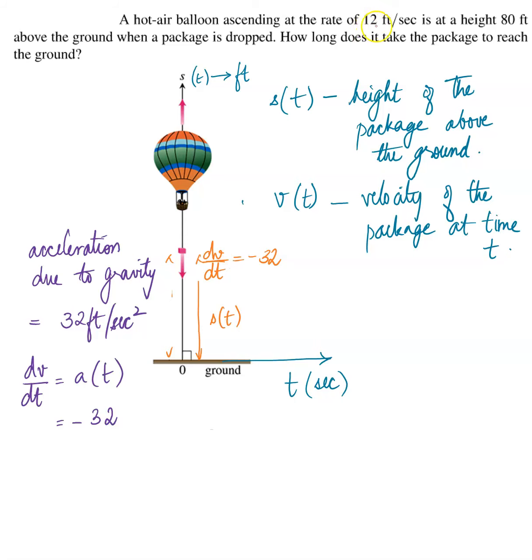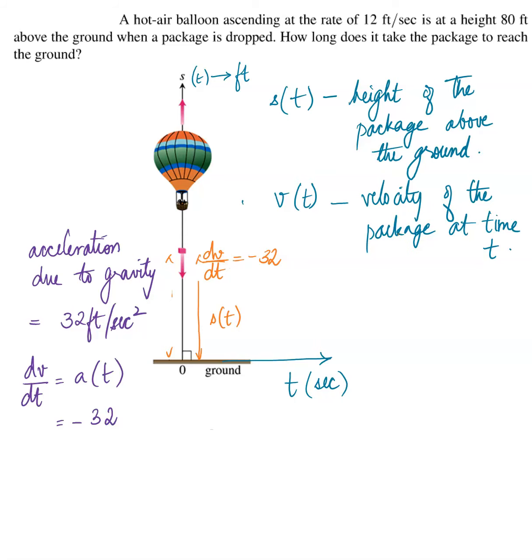Now what about 12 feet per second? That is the velocity of the package, right? The package is just about to be dropped. So when the package is dropped, this is the speed of the balloon. So the velocity in terms of the balloon would be that, but then we are talking about the velocity in terms of the package.